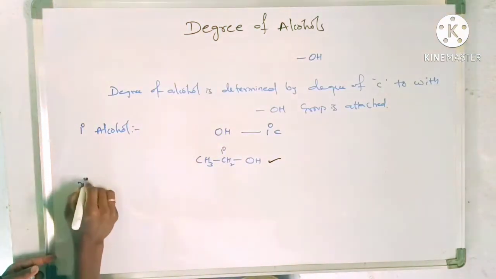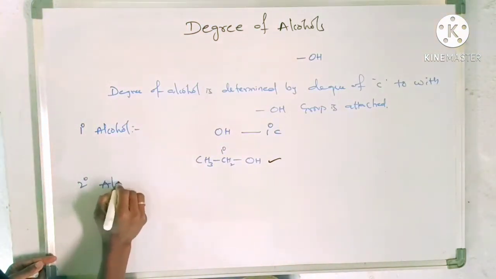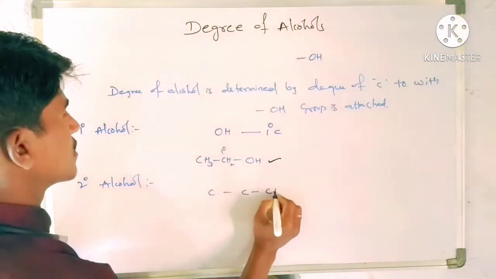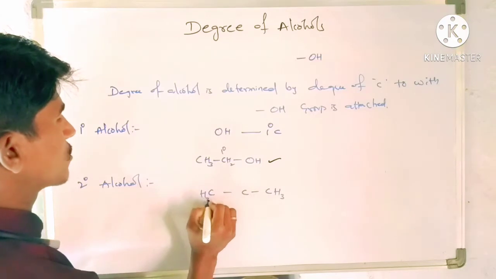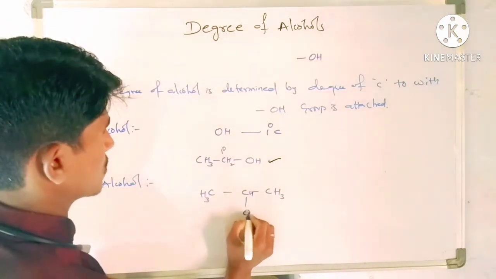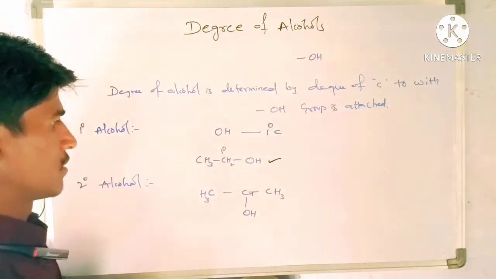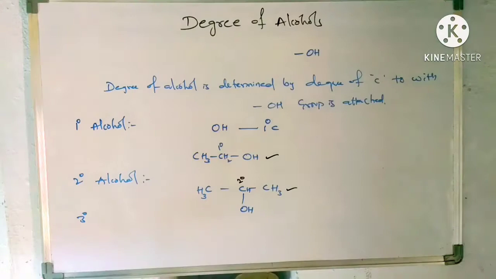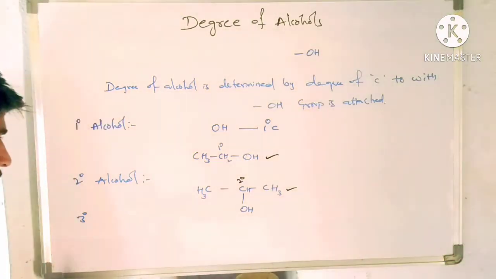Then next, take the secondary alcohol. If the OH group is attached to the secondary carbon, this is the secondary carbon, so this is secondary alcohol. Next, tertiary alcohol.